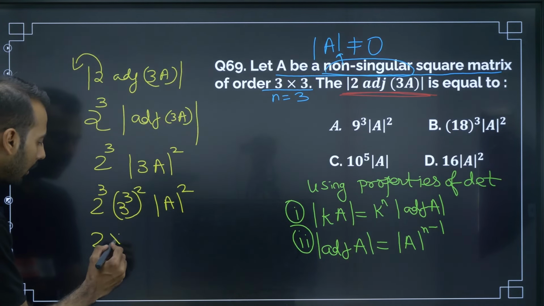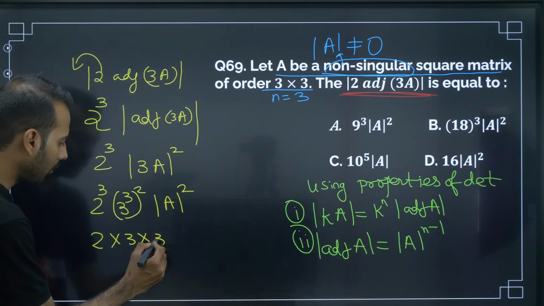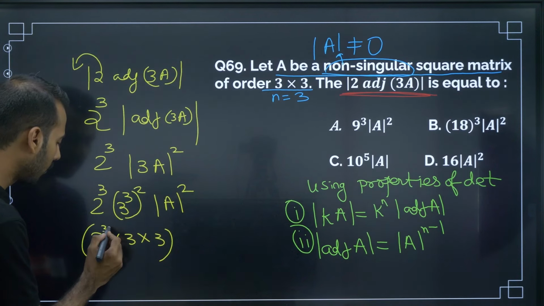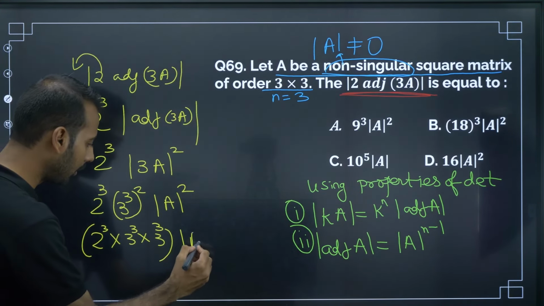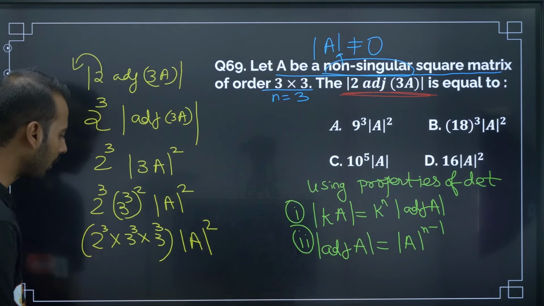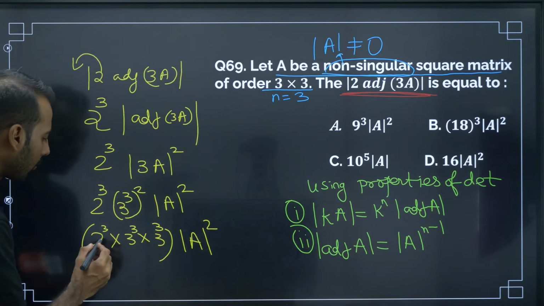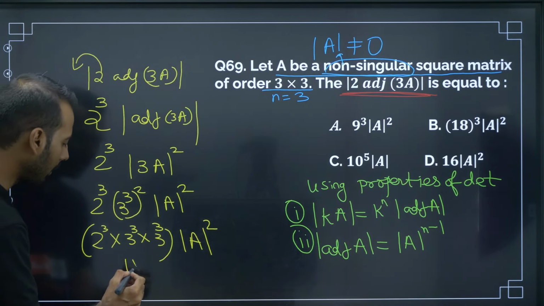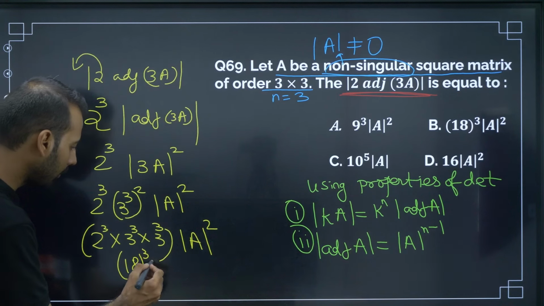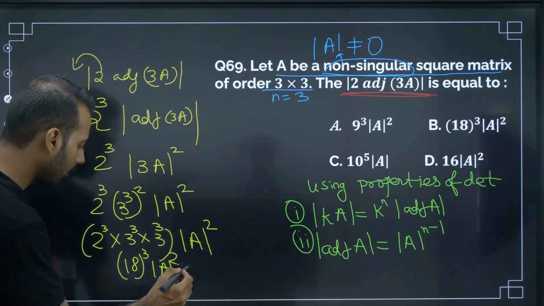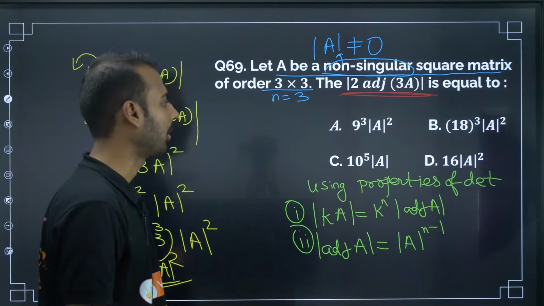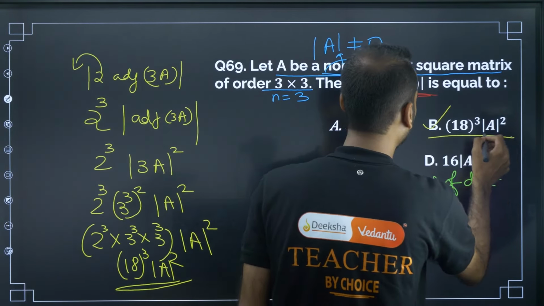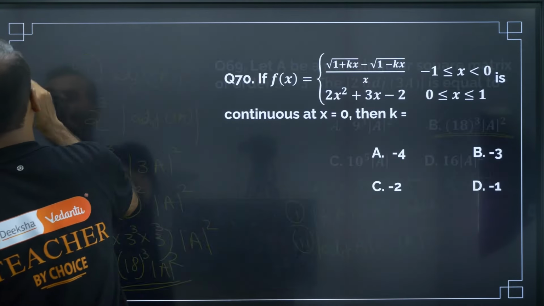Now this can be written as 2 into 3 into 3 cube determinant of A square. 2 3s are 6, 6 3s are 18 cube determinant of A square. So 18 cube determinant of A square, B is the answer for this. Moving on to the next question.